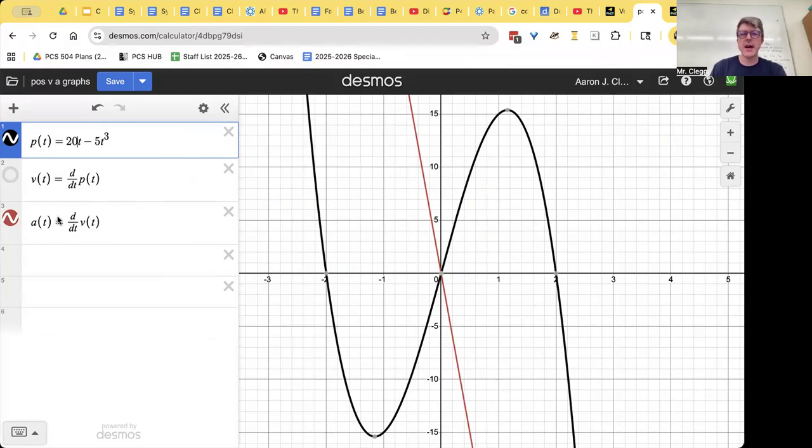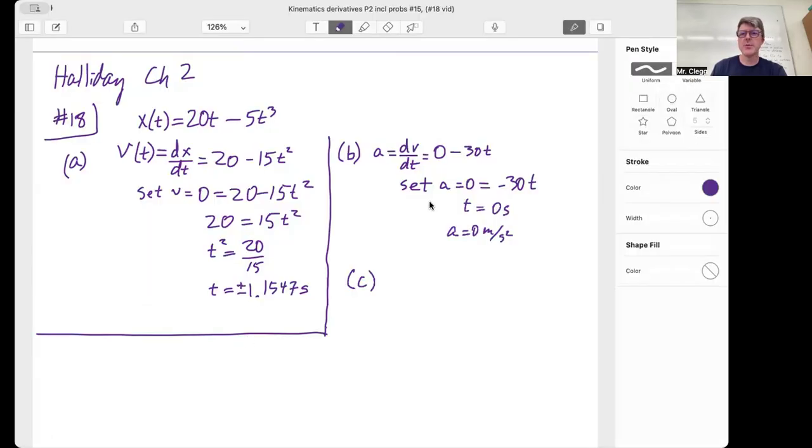I know I have just the derivative calculated here, but the acceleration is negative 30t. So for all positive values of t, a is negative, and for all negative values of t, a is positive.